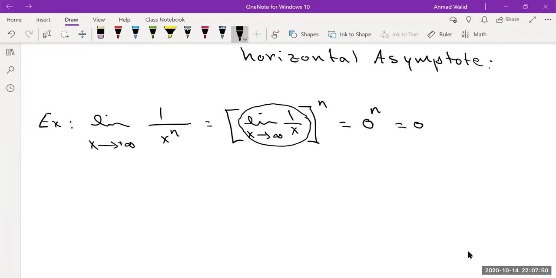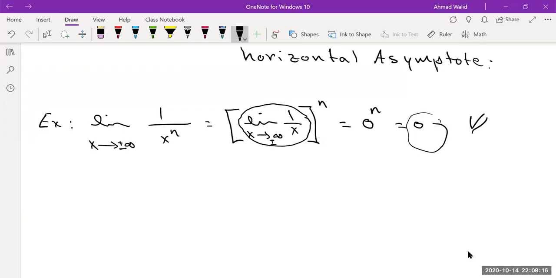What does it mean, or how can I translate this into simple English? Any function in the form of a constant over a variable, it doesn't matter which power of your variable, as x approaches positive infinity, or even negative infinity, both of them, your answer is always what? 0.